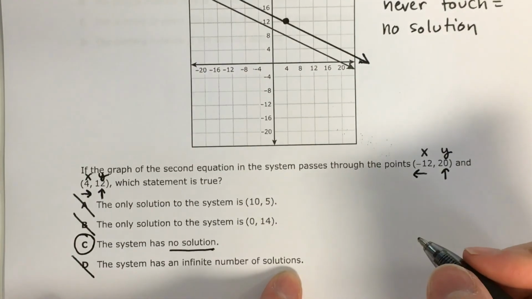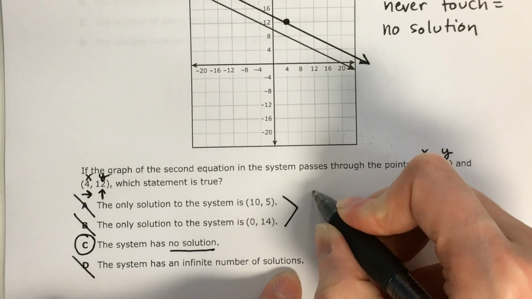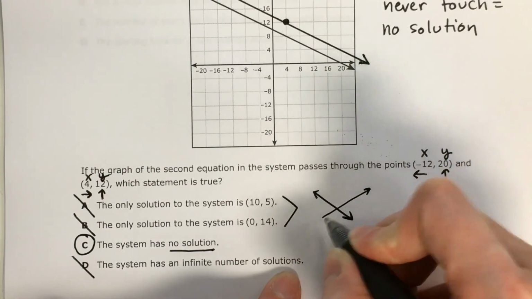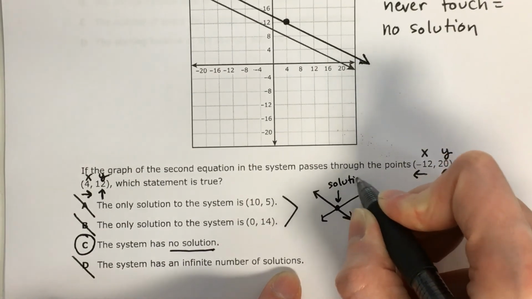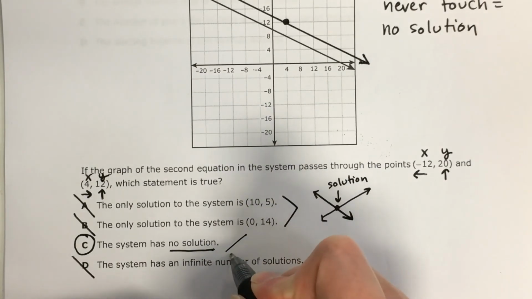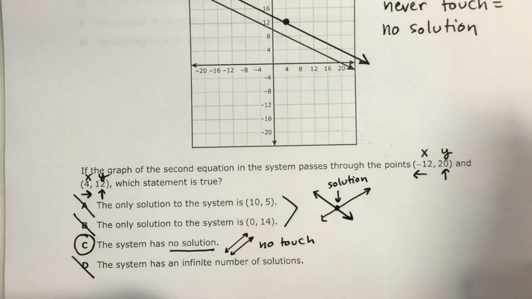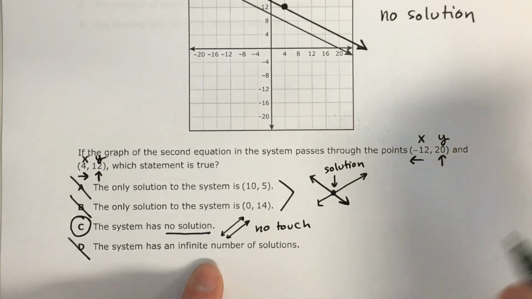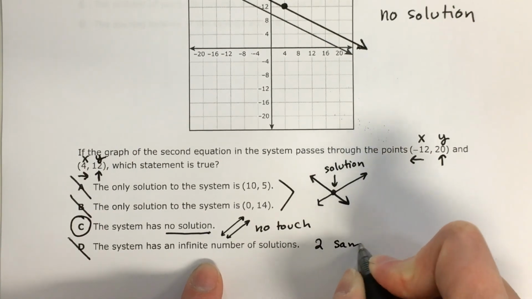And let me just remind you, for these two to have a solution, you need to have lines touching. So this is the solution if two lines touch. For no solution, it's parallel lines, no touch. For an infinite number of solutions, it's two same equations.